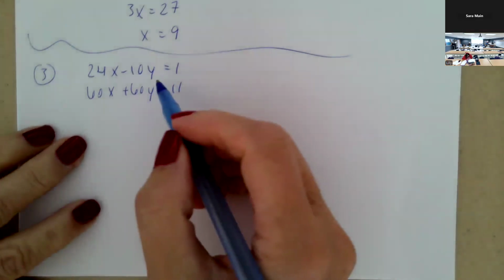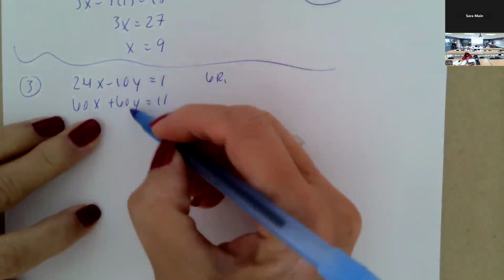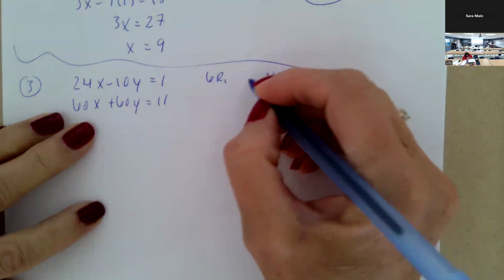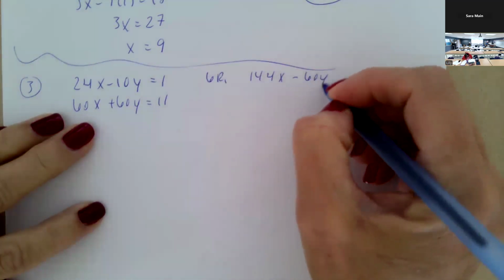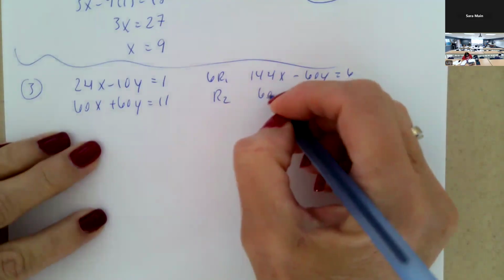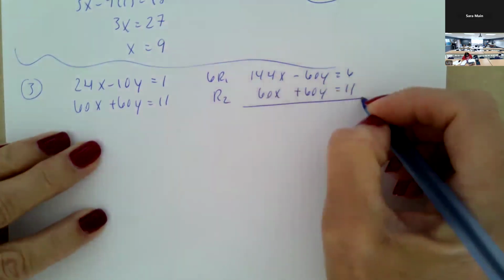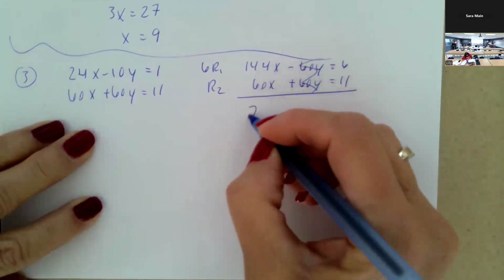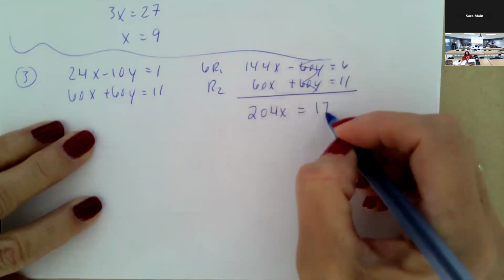Okay, so I'm going to multiply row 1 by 6 because then I can eliminate my y's. So that's going to be 144x minus 60y equals 6, keeping row 2 the same. I get 204x equals 17.